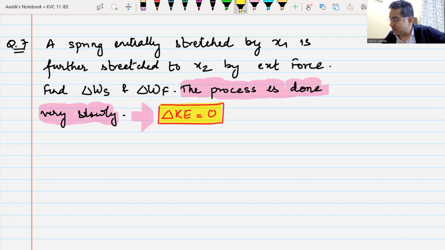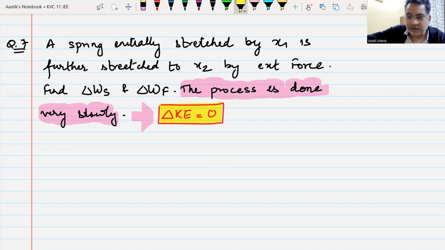We are asked to find out the work done by the spring, and we are also asked to find out the work done by the external force. This question is given for a very specific reason. We are supposed to understand something from this question, and I'll give you 2 minutes to try it. Anyone with any answer?